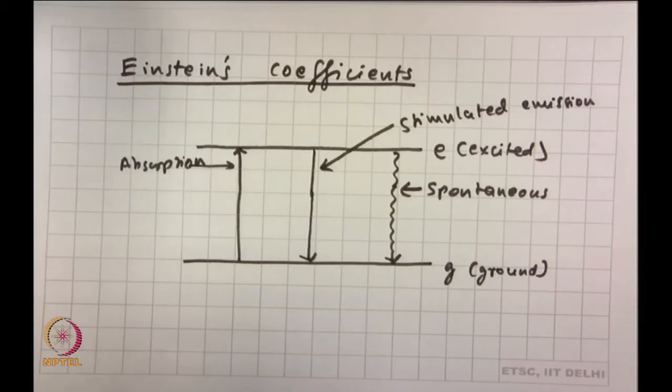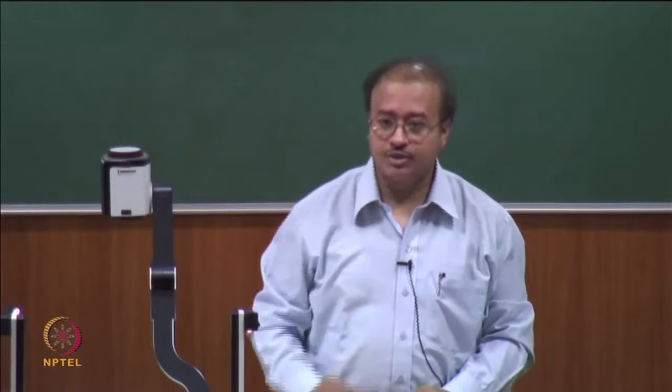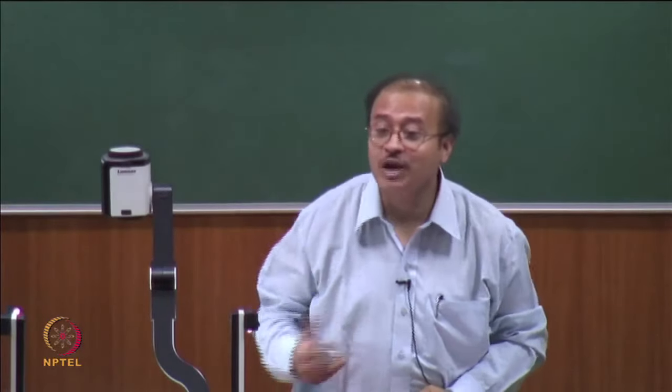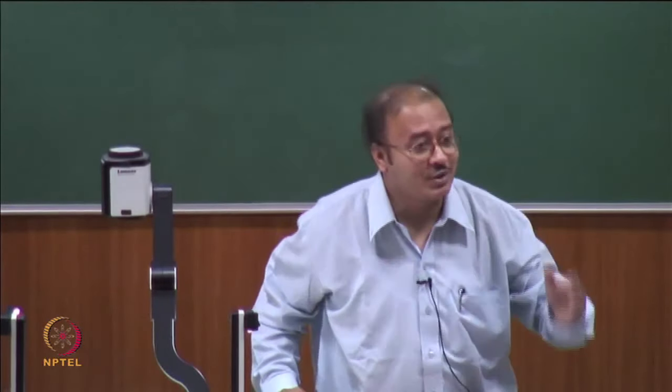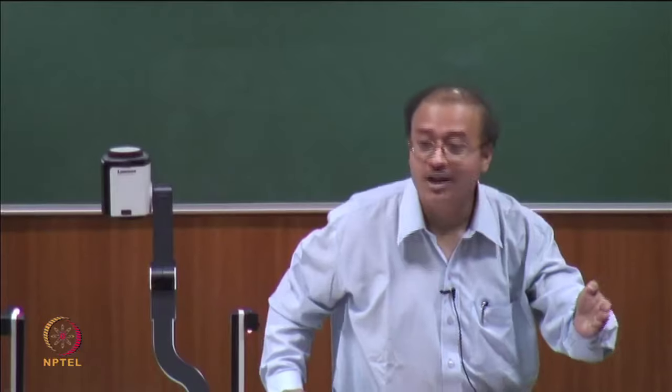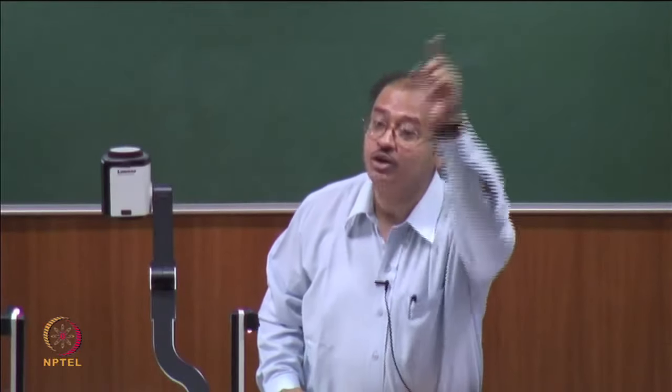But also try to realize one thing: when you are coming down, you can have 2 types of transitions, spontaneous and stimulated. But when you have an absorption, are you going to have any spontaneous absorption? You are not. Why? Because for absorption you need to supply energy, and only after it absorbs the energy would it go to the excited state.